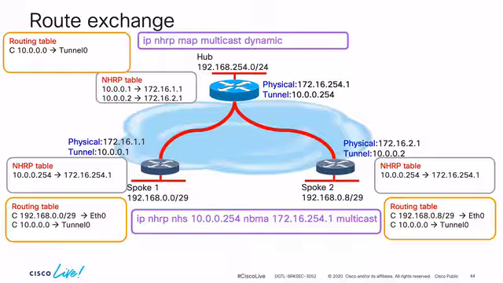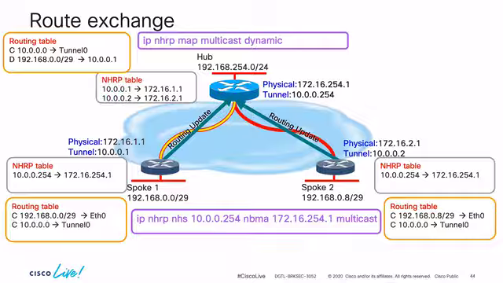So in this particular case, once it's registered, the information which is available in the routing table of spoke 1 is sent to the hub, the routing update. And what the hub does with this routing update is it's going to add the information which it has got from spoke 1 and spoke 2 to its routing table.